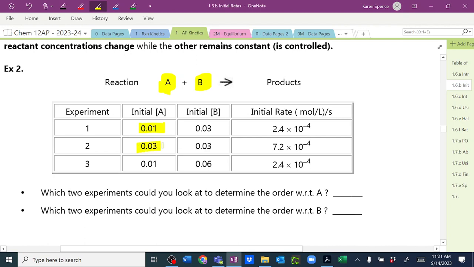Because we are changing A, but what else is happening that's important? B is staying the same. It needs to stay the same. Sometimes you'll get 5 experiments and you have to pick which ones, and sometimes B is changing. You want to make sure you're not changing both. Okay? So, could you figure out the order with respect to A, please?